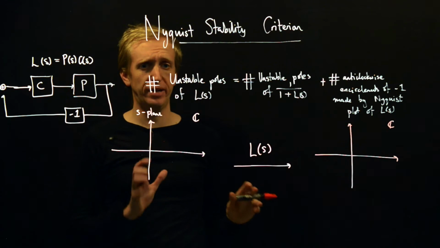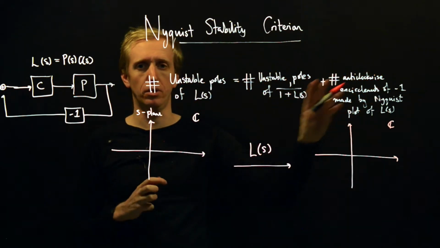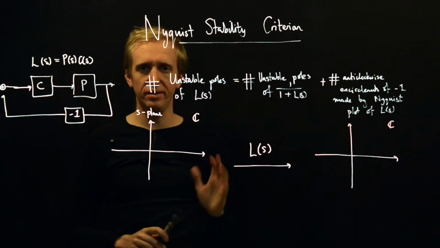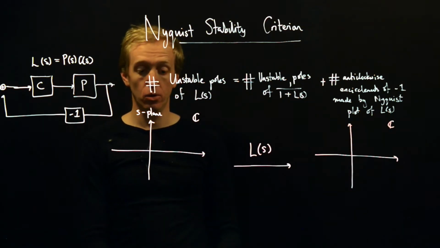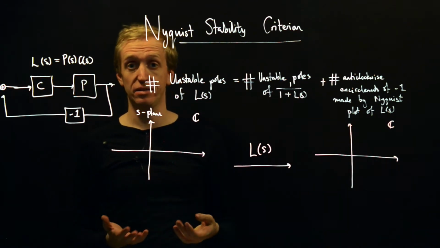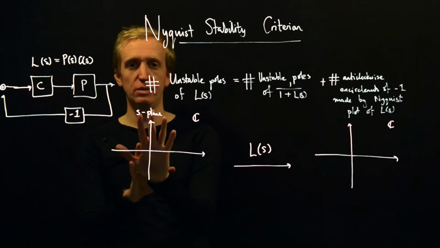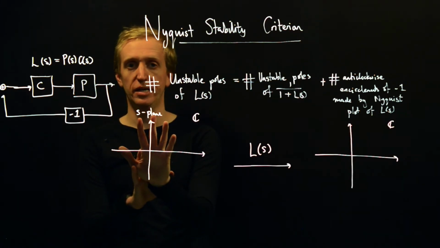Now, we've got various other things. We've got unstable poles, and we've also got this Nyquist plot. And so where do these things live? Well, unstable poles correspond to values of S that make certain transfer functions blow up. So unstable poles live in the S-plane.